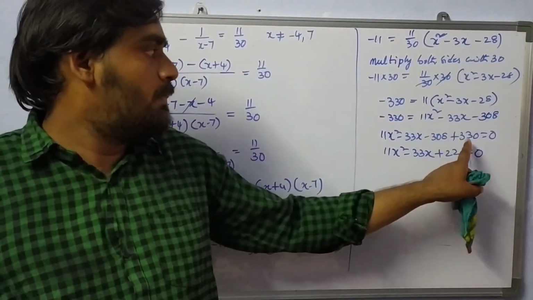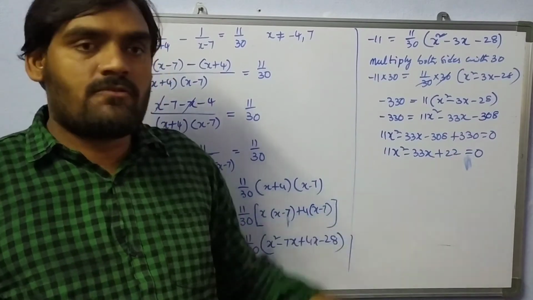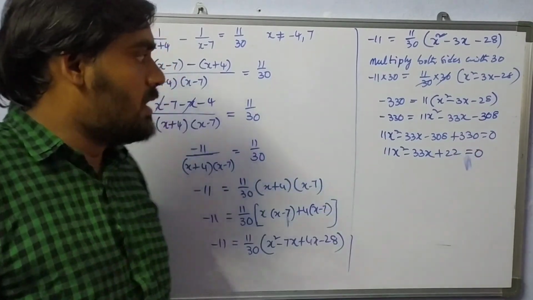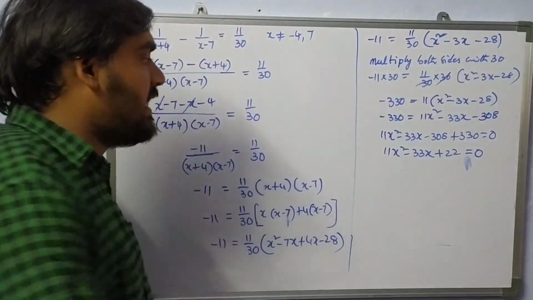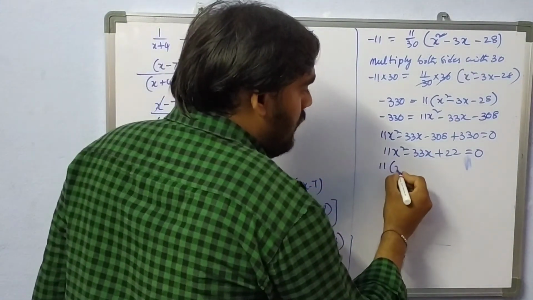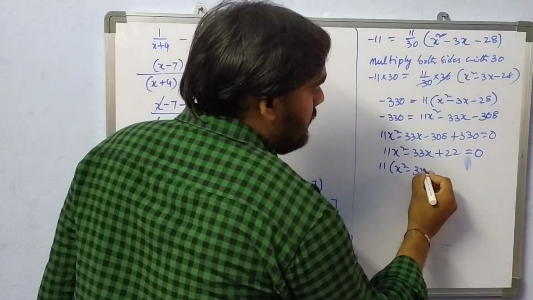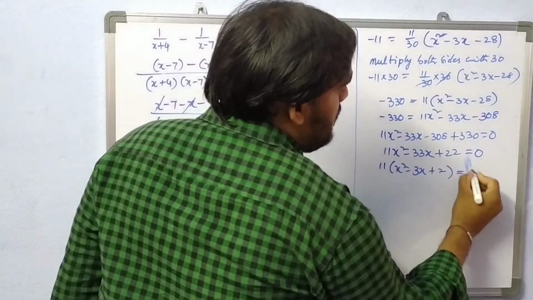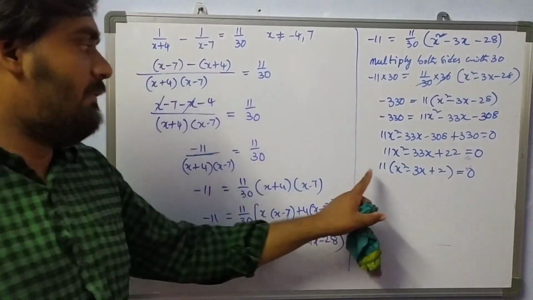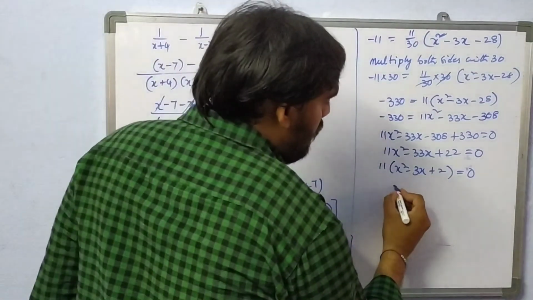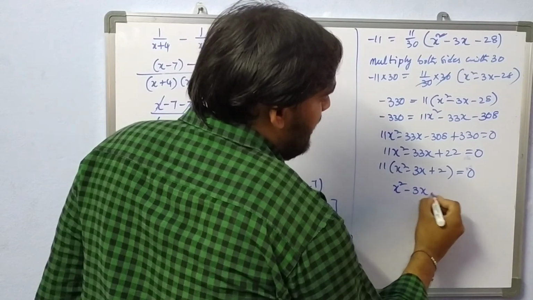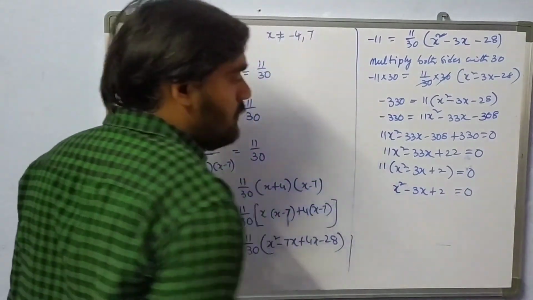Minus 308 plus 330, so we will get plus 22 is equal to 0. Now from these three terms we can take 11 as common. When we take 11 as common, 11 of x square minus 3x plus 2 is equal to 0. So 11 is multiplying. After is equal to, it will become 0. So x square minus 3x plus 2 is equal to 0.